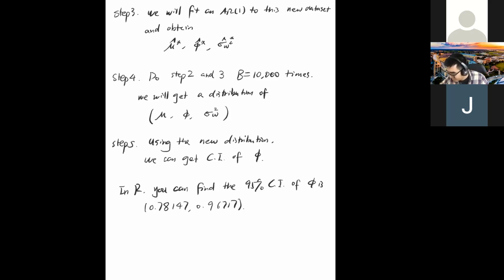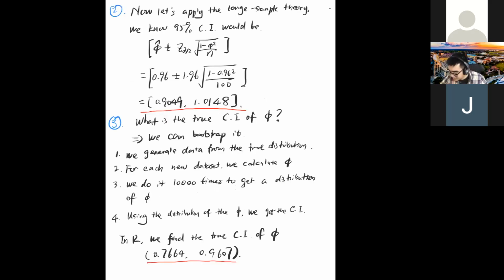If you compare this confidence interval with the true confidence interval, which is 0.76 to 0.96, you can see that they are actually very close. What we got, the bootstrapped one, is 0.78 to 0.97.